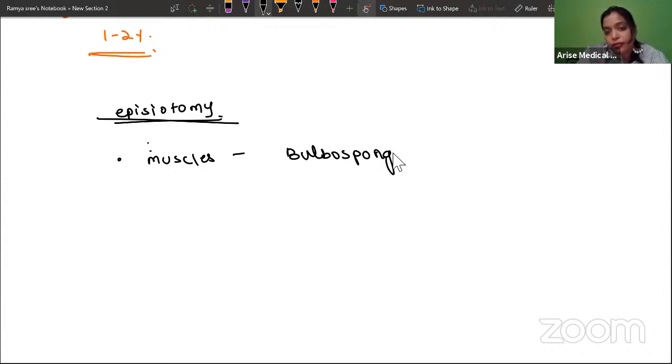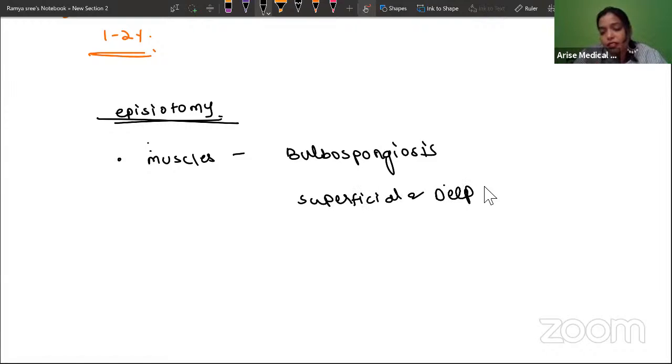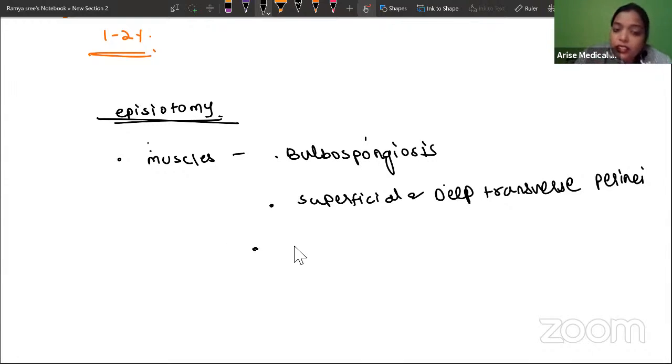The muscles which we cut in an episiotomy are the bulbospongiosus, superficial transverse perineal and deep transverse perineal muscles. Next, some part of the levator muscle is also cut.